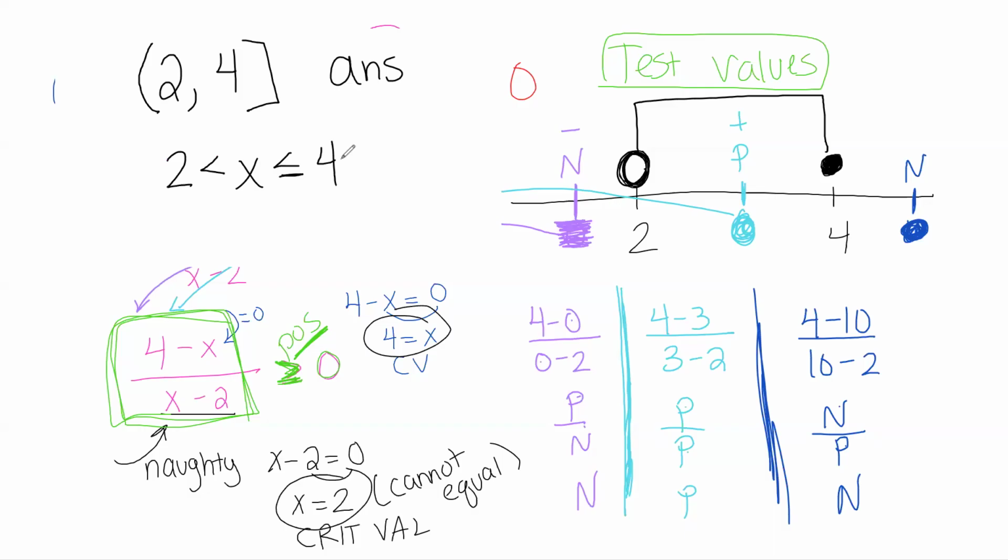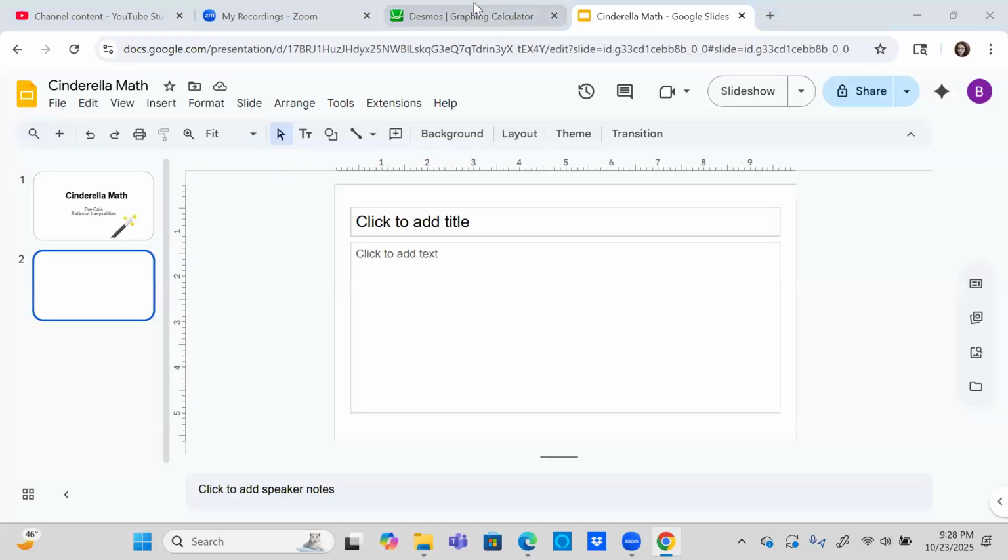If you graph this on Desmos, which I guess I will, though I won't do all of them on Desmos, you will see it's shaded in between here. So I'm going to pop to Desmos for this example 2. Let me find it. There it is.